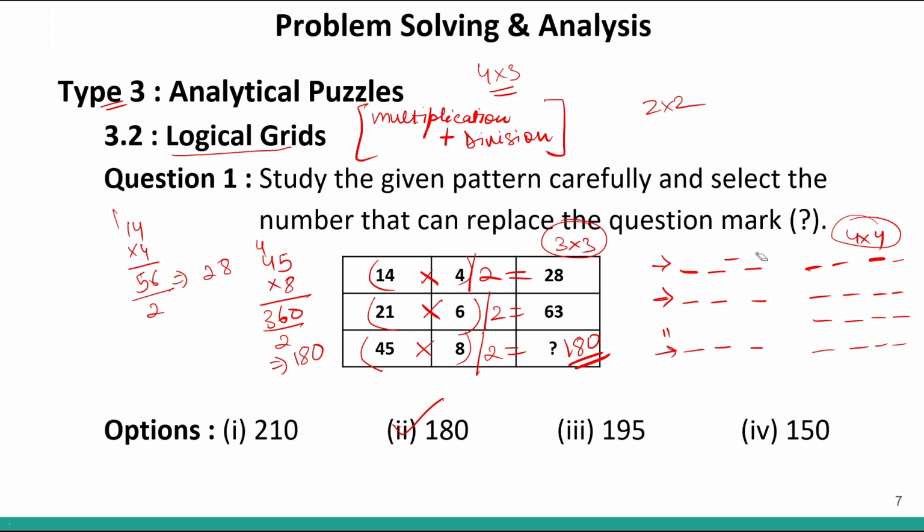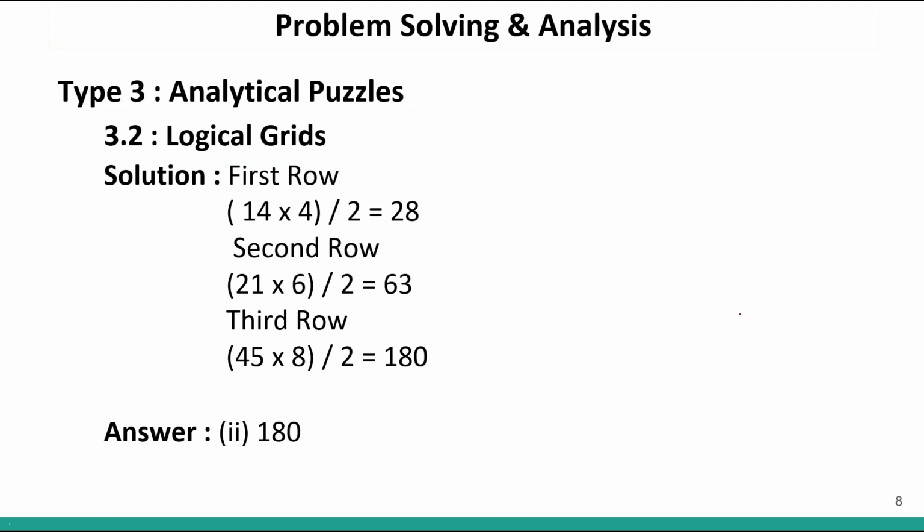Or a common operation could be done on all the 3 columns to get a common answer in all the rows. Okay, so this type of question let us discuss over here. This is the solution if you want to look. So 14 into 4 divided by 2, 21 into 6 divided by 2 and 45 into 8 divided by 2. So this gave us 360, then we divided by 2 which gave us 180.